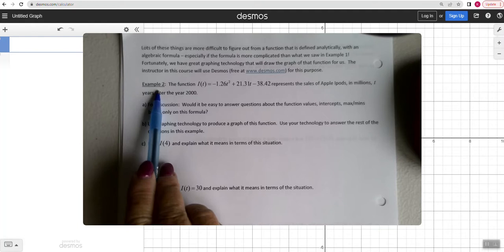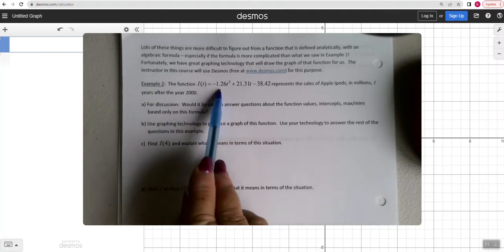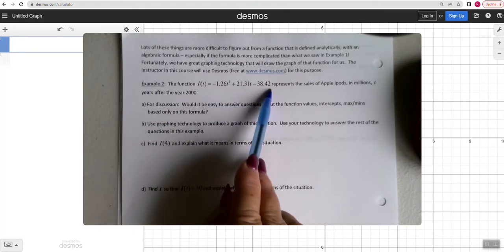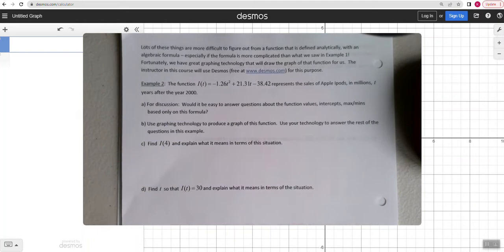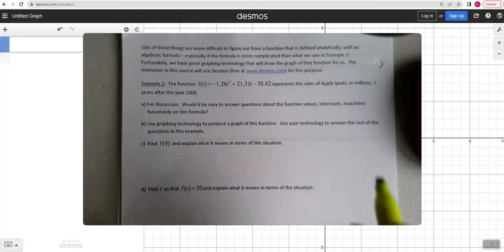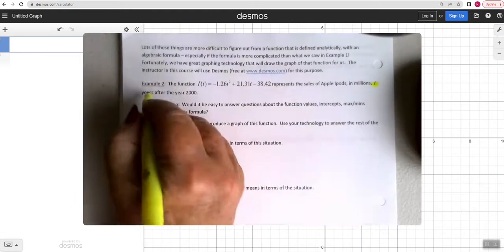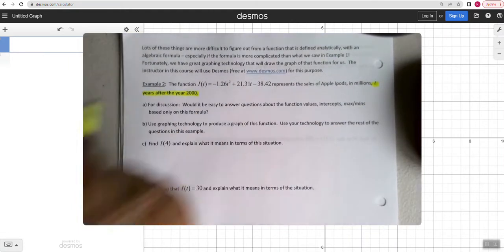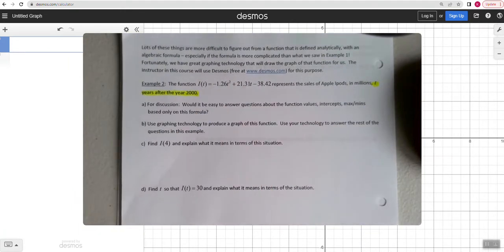Our function, I of t, defined this way, represents the sales of Apple iPods in millions, t years after the year 2000. I did want to make a quick mention of this. This is a really common thing that happens in application problems that involve times like the actual year.